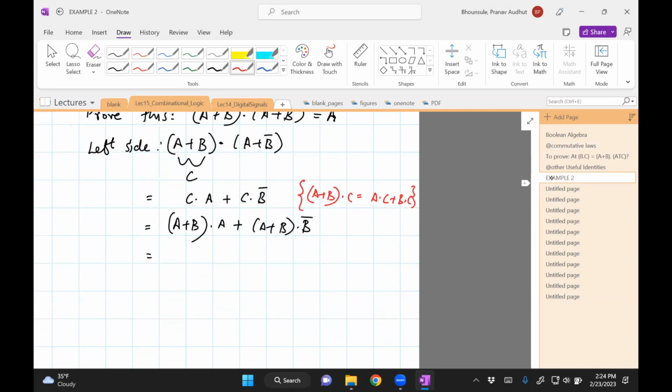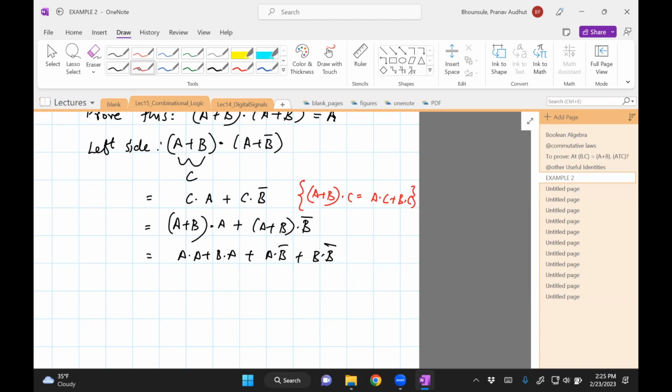So let's go back to this. I used this property, but I can use it all over again, so I can distribute this A with these two terms: A dot A plus B dot A plus A dot B complement plus B dot B complement.